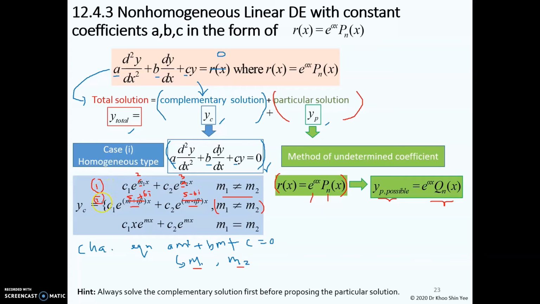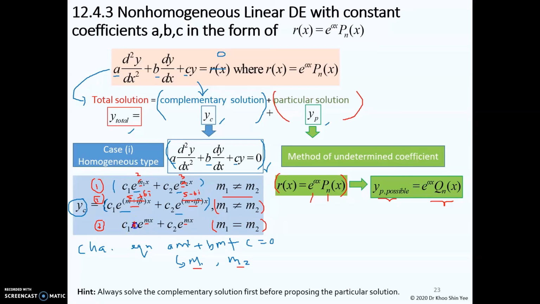Both case 1 and case 2 have linearly independent solutions. Therefore, we can write the complementary solution in such linear combination format. In the third case, you might obtain m1 equal to m2. So this is known as the repeated root.